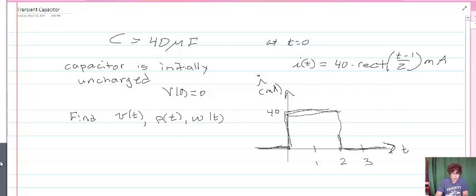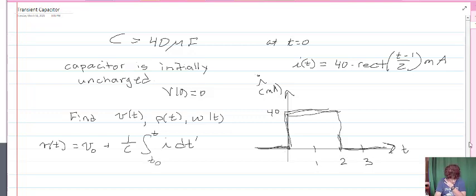So let's start by finding the voltage. And we know that V of t equals V naught plus 1 over c times the integral from t naught to t of I dt prime. So our function here has 3 different parts.